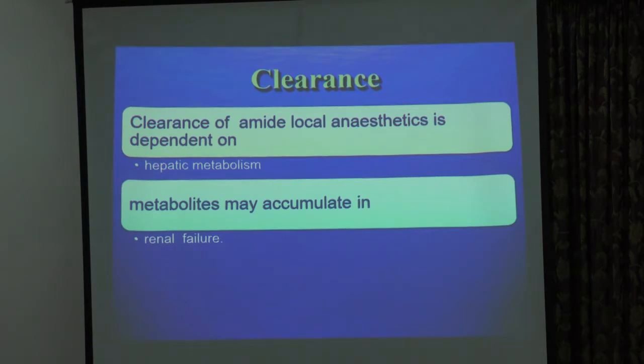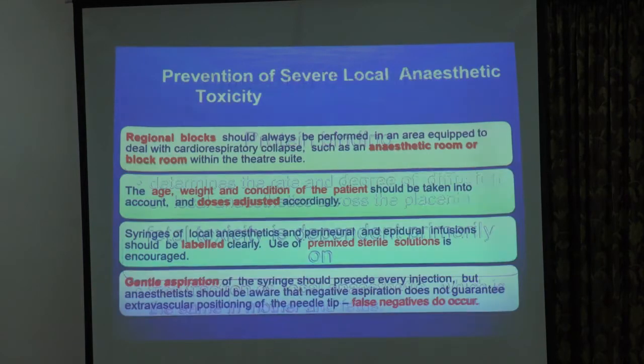The clearance of the amide, because it's on liver metabolism, will affect it. So if your patient has an impaired liver function and you are using an amide, you should bear that in mind. And then once the liver metabolizes it, whatever metabolite that is formed, the kidney has to get rid of it. So kidney failure too could also be a problem.